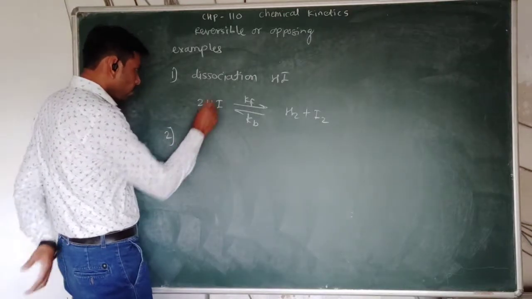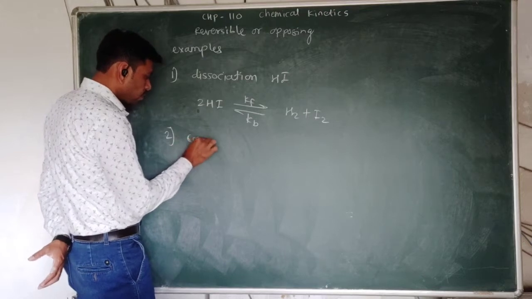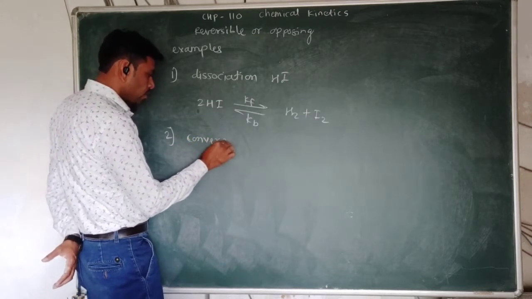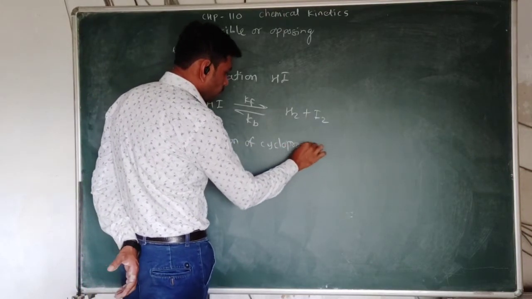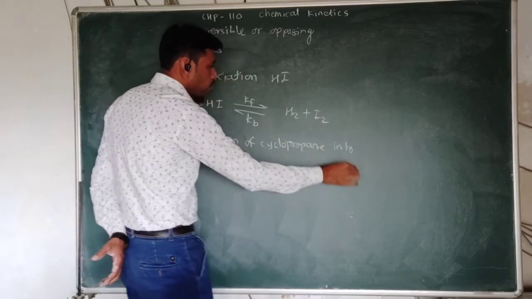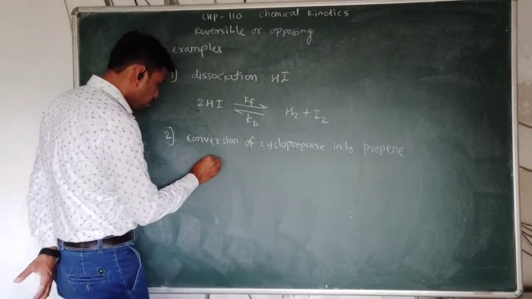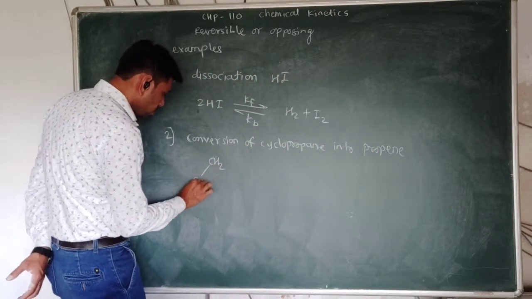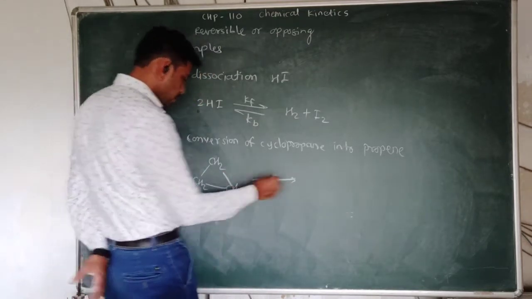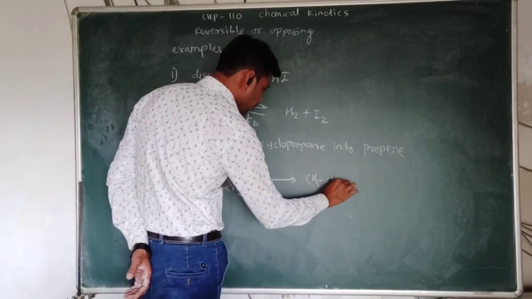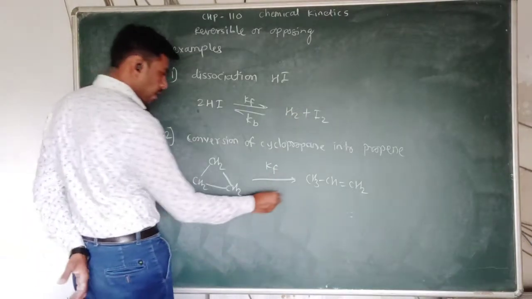This is an example of a reversible or opposing reaction. The second example is the conversion of cyclopropane into propene. This is cyclopropane, CH2, and in the forward reaction it is converted into CH3CH=CH2, propene. The rate constant for this forward reaction is Kf.